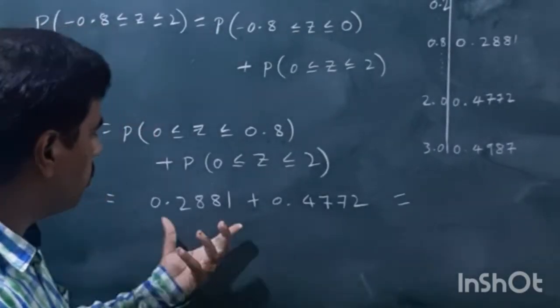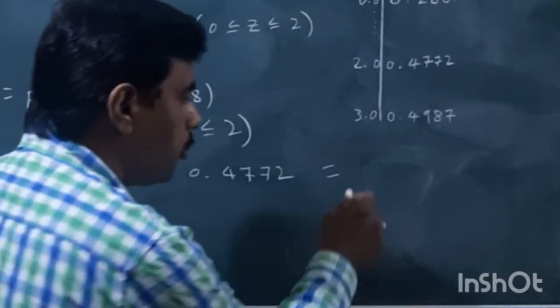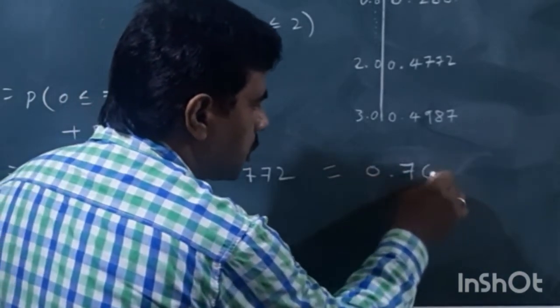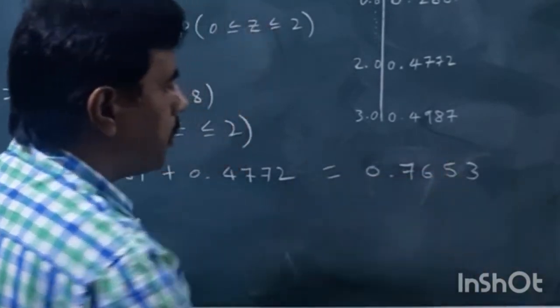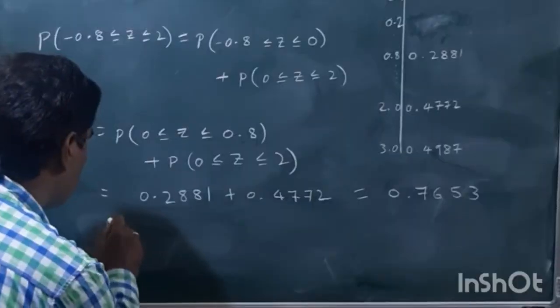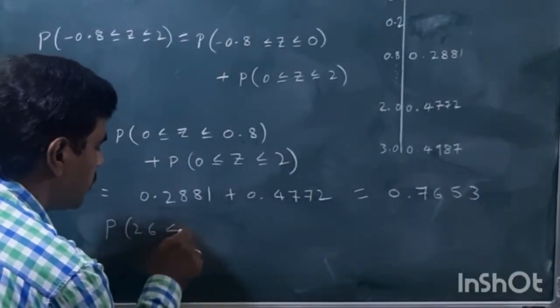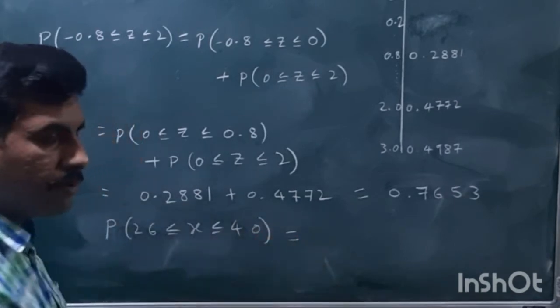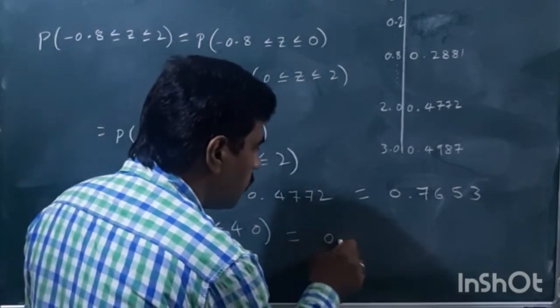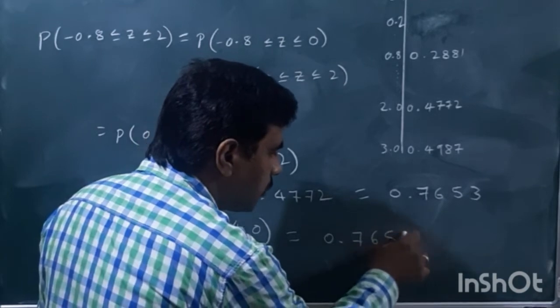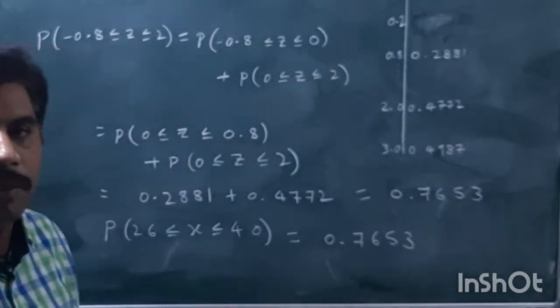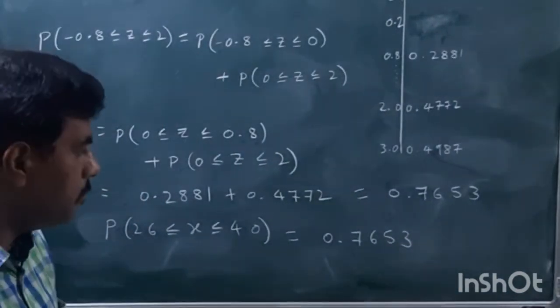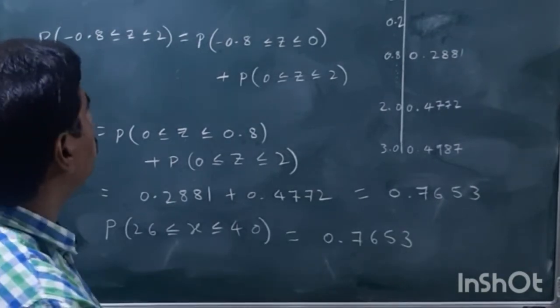On summing up these values we get 0.7653 for the probability when 26 is less than or equal to x less than or equal to 40. Okay, now let us go to the second problem.